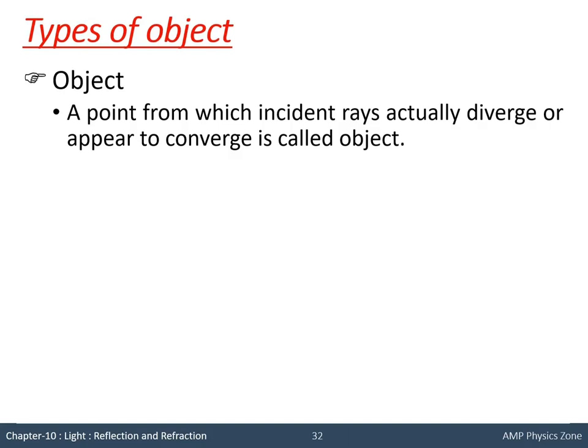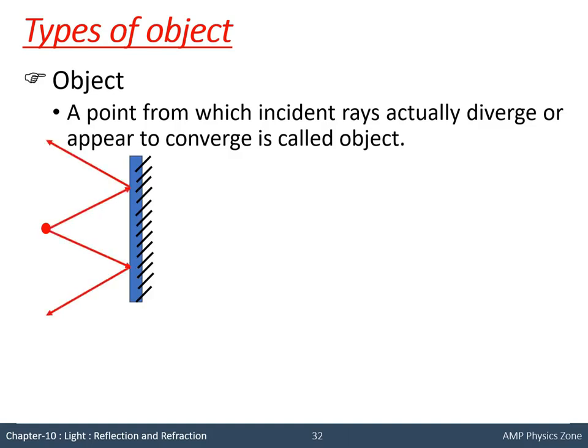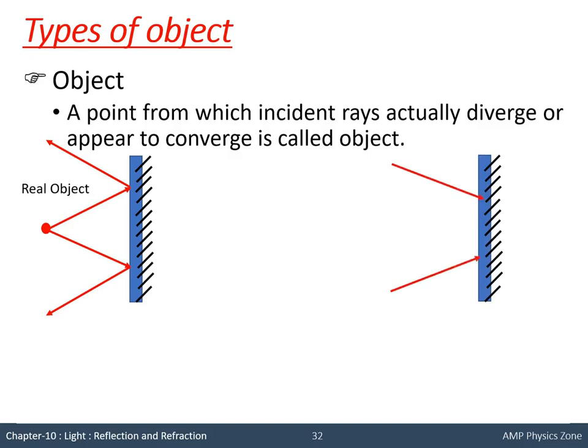Now, types of object. A point from which incident rays actually diverge or appear to converge is called an object. If the rays appear to converge, this object is a virtual object. A real object means the rays will actually diverge from the object.